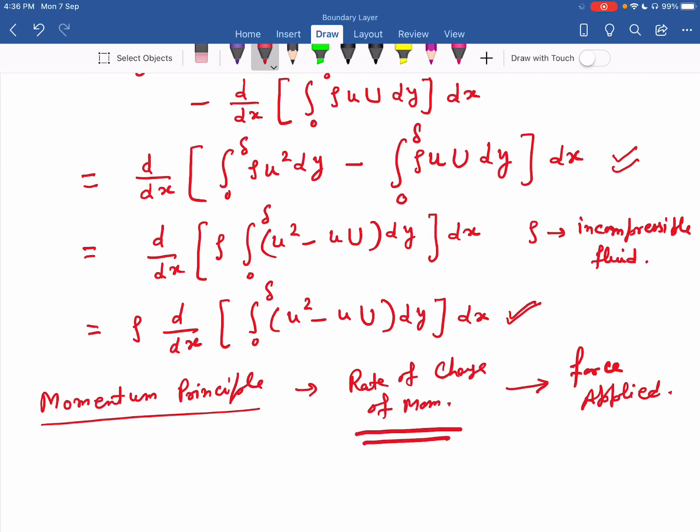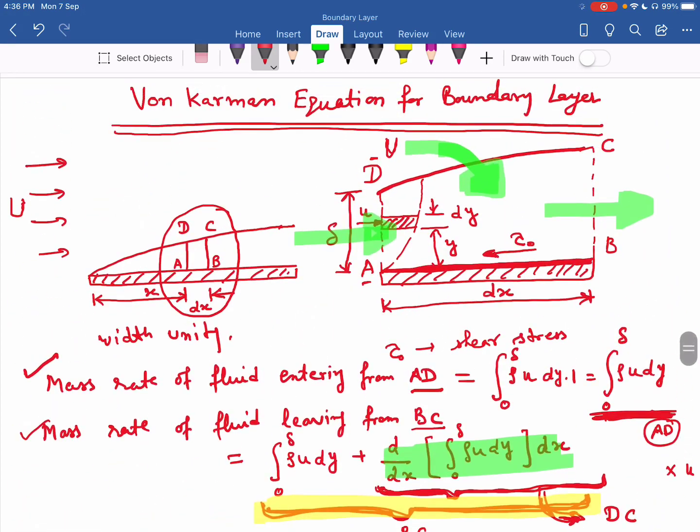That is the momentum principle. Now if I see the diagram, the only external force applied here is due to this resistance force. Other forces I will neglect. So the force due to this τ0, I call that force the drag force.